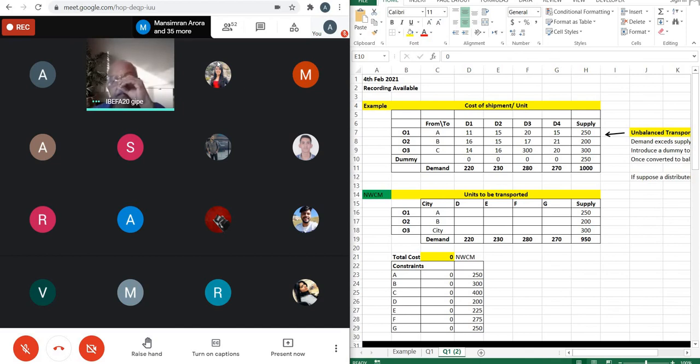Gaurav Kadam, when can you say a transportation problem is unbalanced?